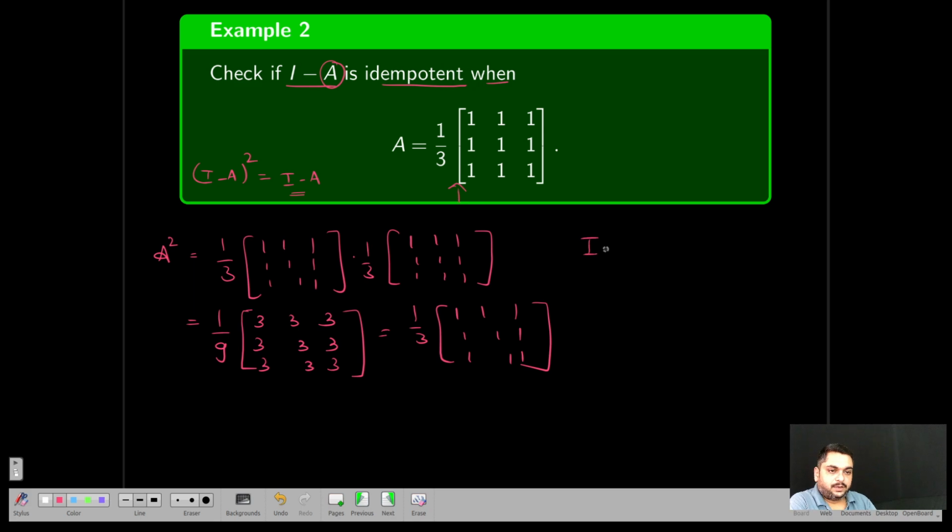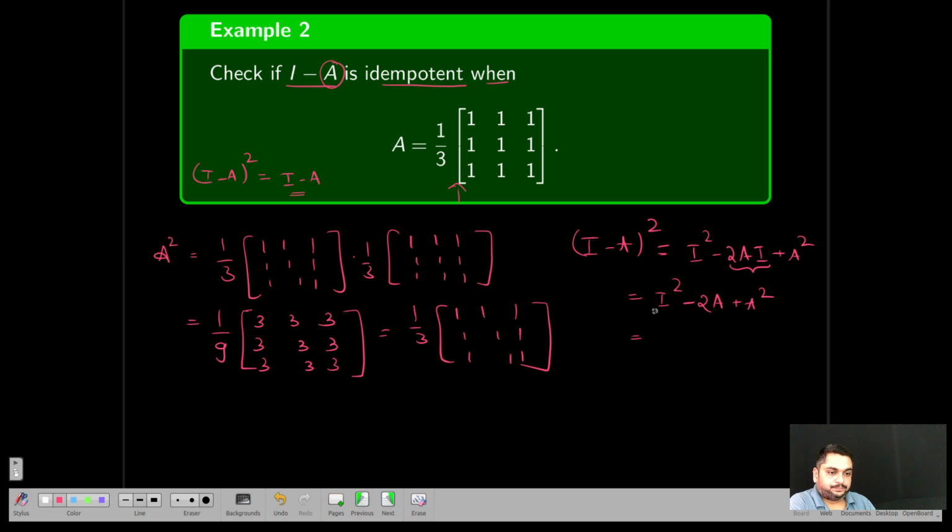If A is idempotent, then I minus A is idempotent only, we know it, but still to verify, just square this: I square minus 2AI plus A square. So I square minus 2A only, plus A square.